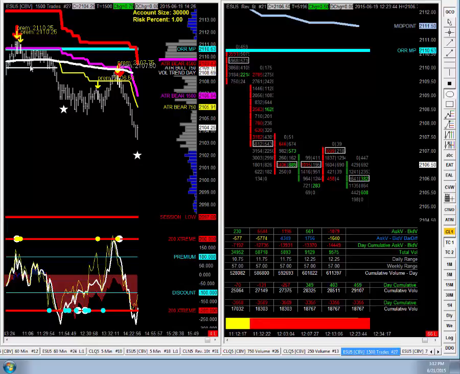Number two, price is below the 1500 bear ATR structure line, which is that magenta line, as well as under the 4500 bear ATR structure line, and as well the volume trend for the day. So when you add those up and stack those together, the condition in price is one of weakness.